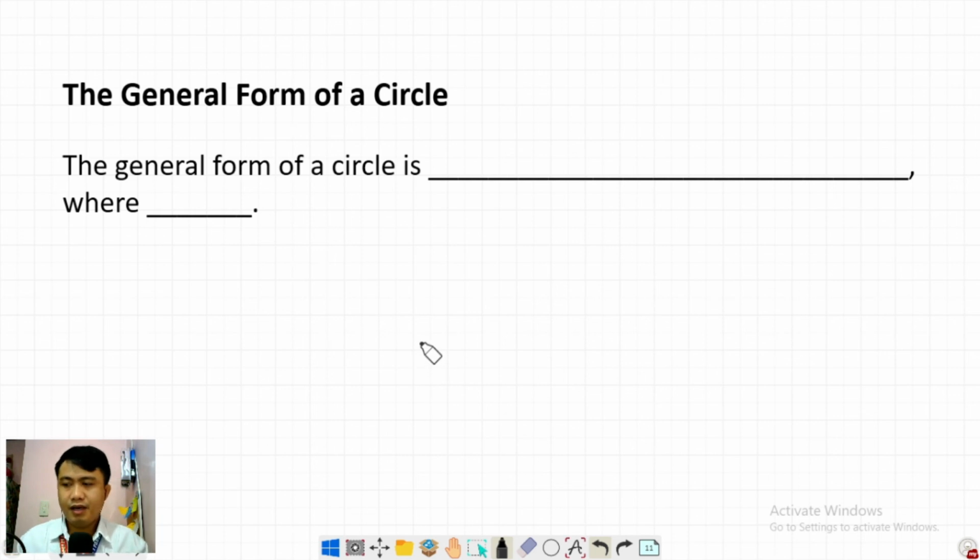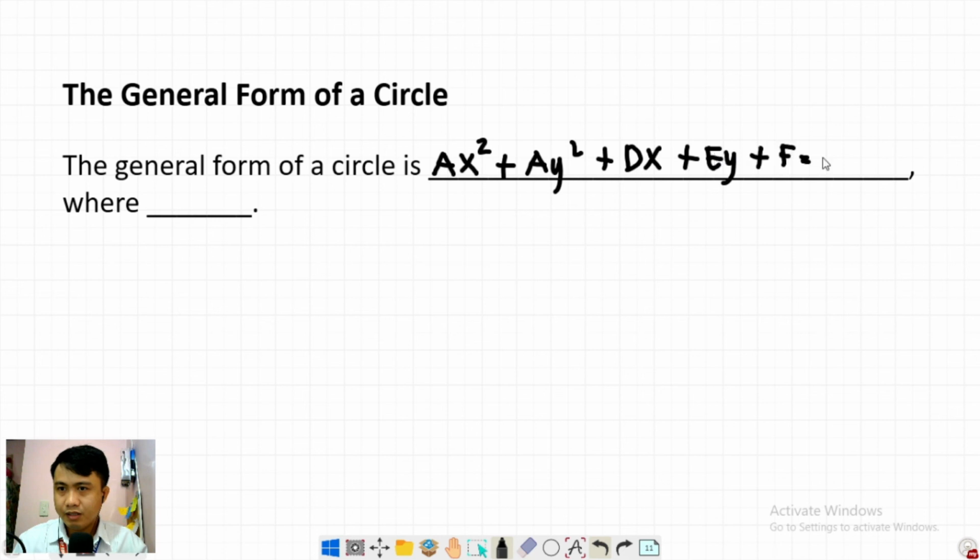Now, next is, of course, what is the general form of a circle? Yan. So, the general form of a circle is given us by, we have this one as ax squared plus, of course, we have ay squared plus dx plus ey plus f is equal to 0, where a is not equal to 0.